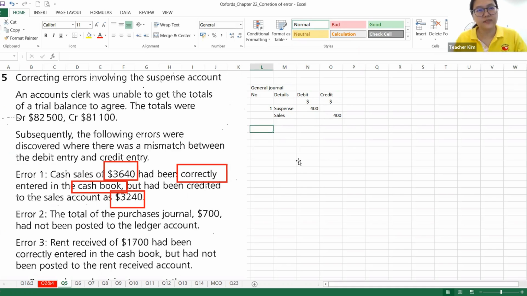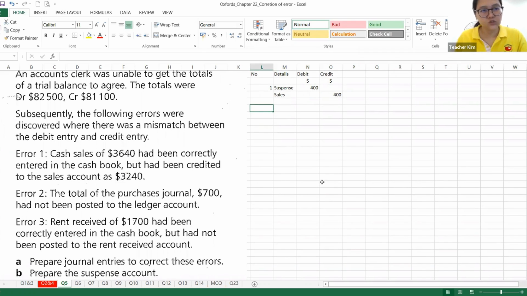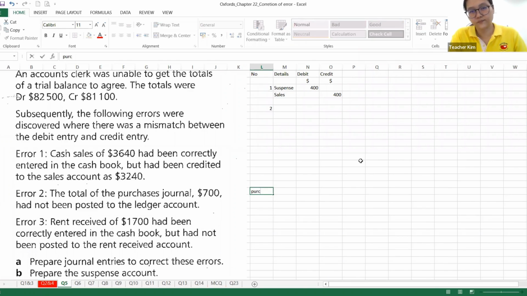The next one, number 2: the total of the purchases journal, 700, has not been posted to the ledger. What are we going to post to the ledger? The ledger you have from the purchases journal, this total 700. When you have this total, you post it to the purchases account.